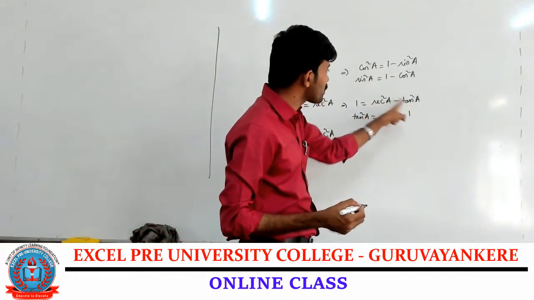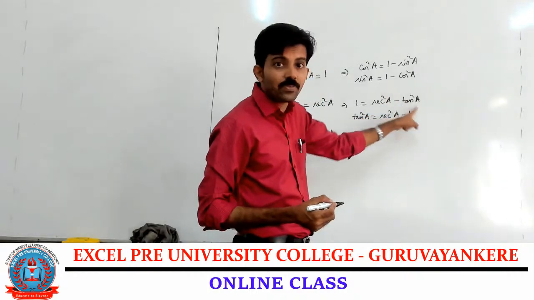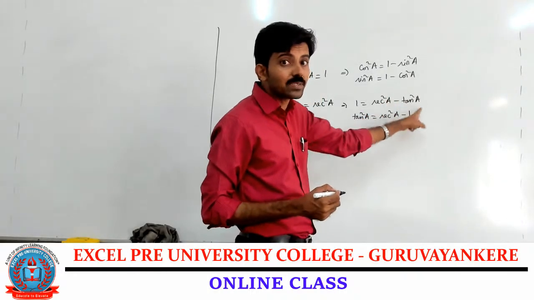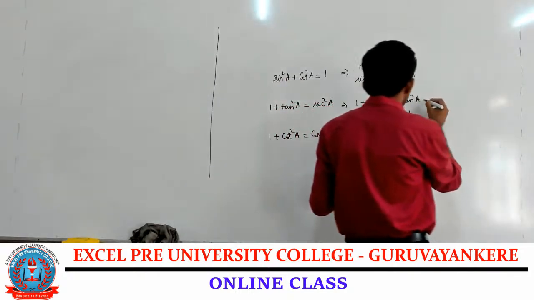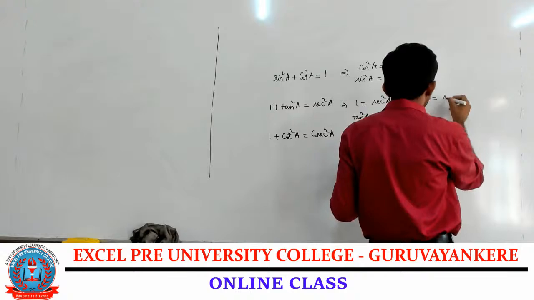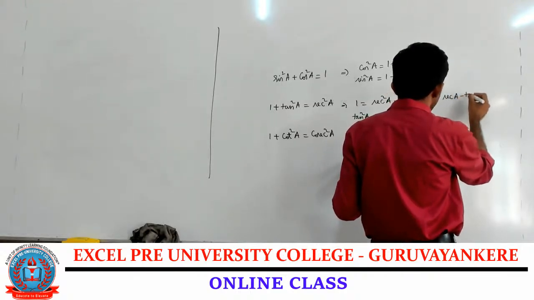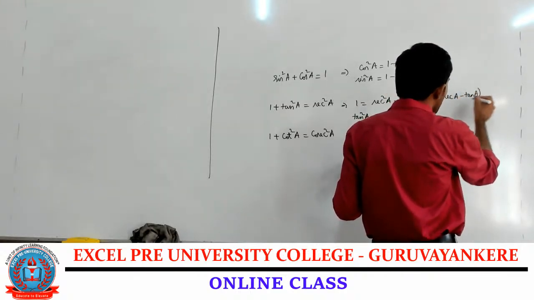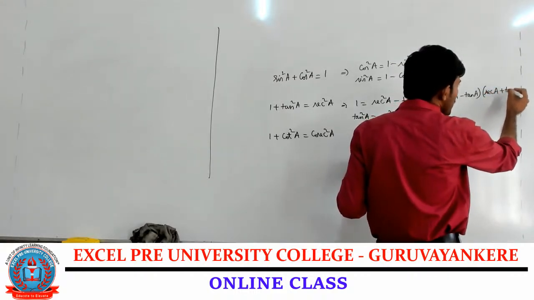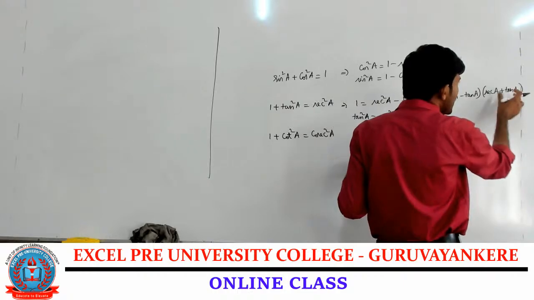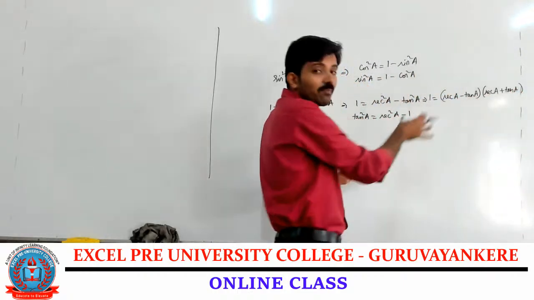Further we can decompose this. A² − B² is in the form of a difference of two squares. A² − B² is (A + B)(A − B). Correct? So 1 = sec²A − tan²A = (sec A − tan A)(sec A + tan A). So we can write sec A + tan A as 1 by (sec A − tan A).